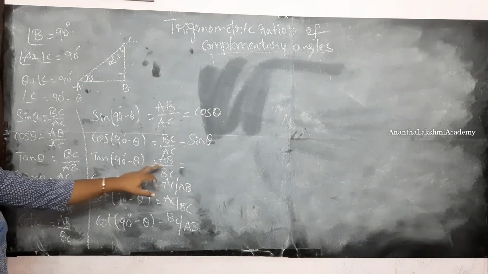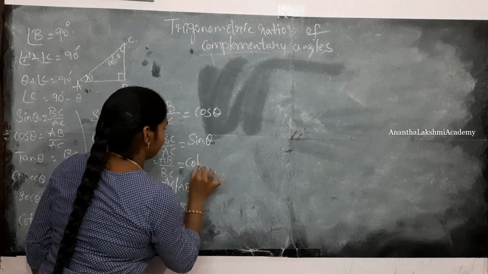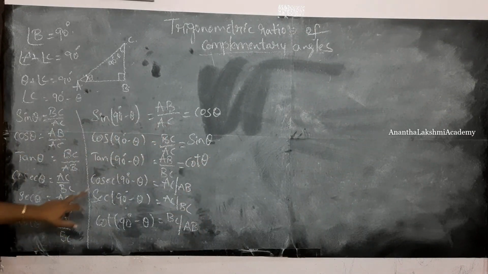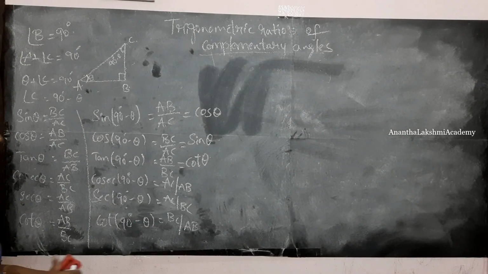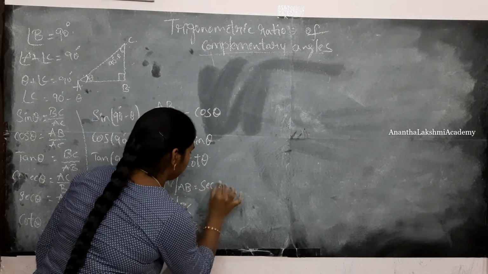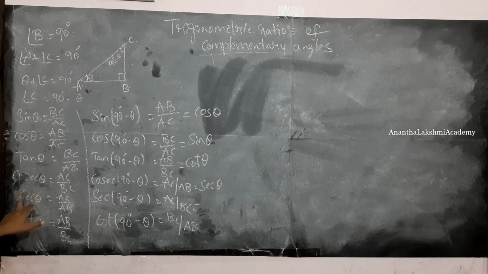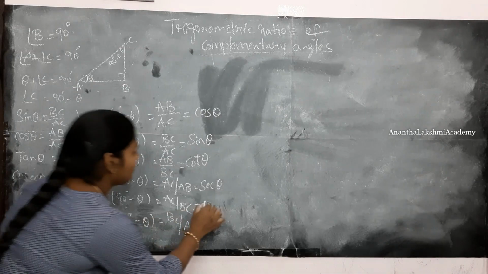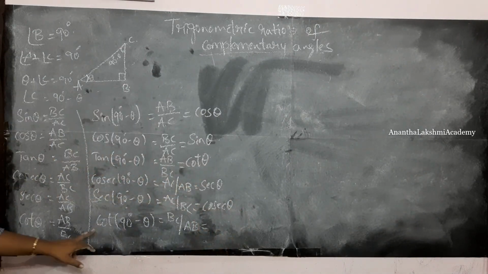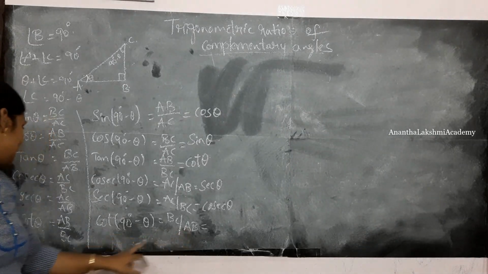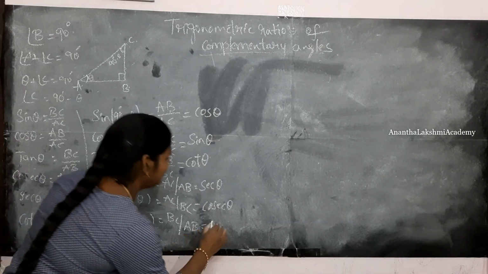Tan of 90 minus theta is AB by BC, which is nothing but cot theta. Cosecant of 90 minus theta is AC by AB, which is nothing but secant theta. And secant of 90 minus theta is AC by BC, which is the same as cosecant theta. And cot of 90 minus theta is BC by AB, which is nothing but tan theta.